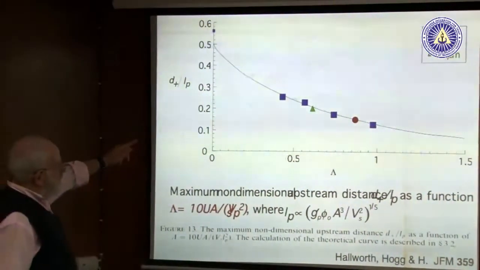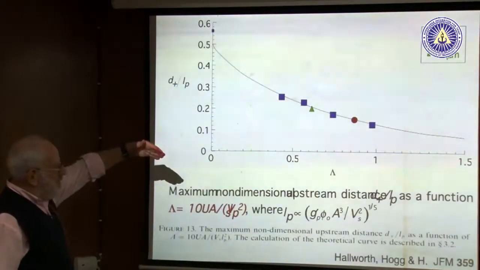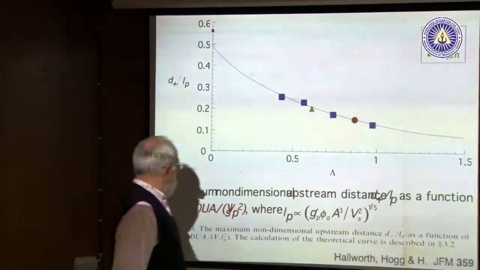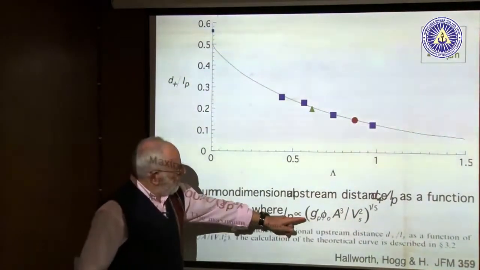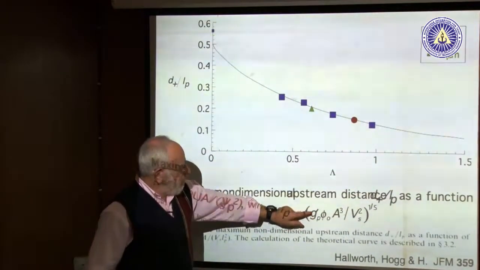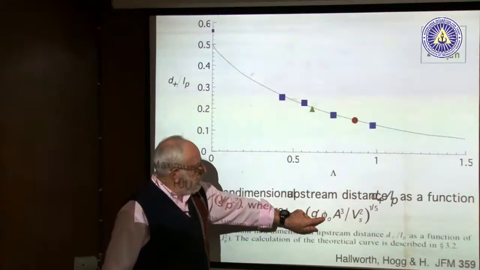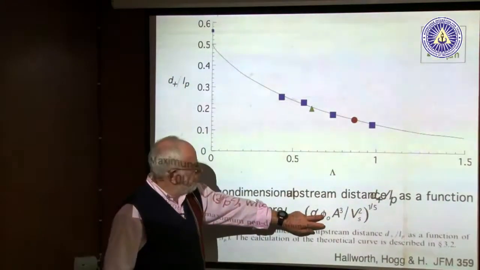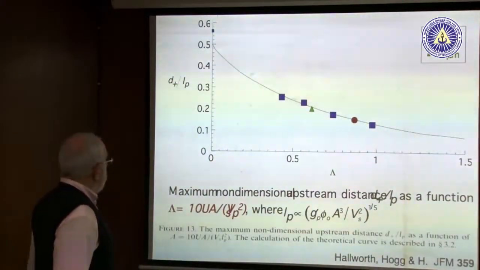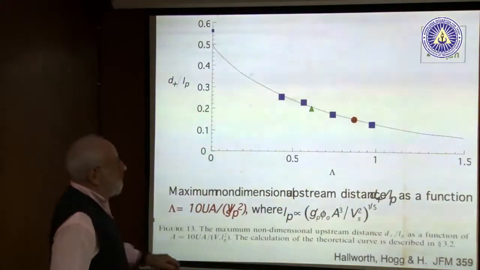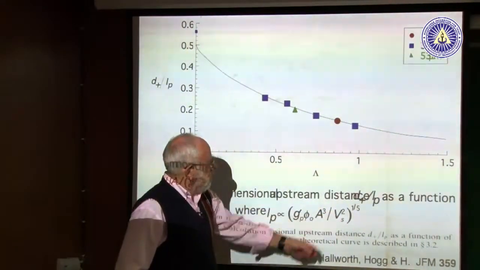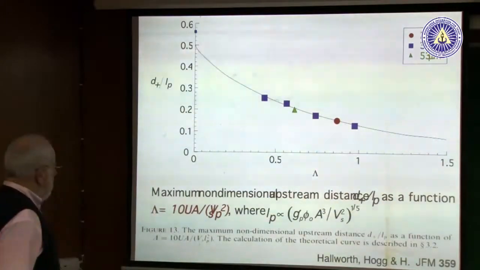So this is the maximum non-dimensional upstream distance, non-dimensionalized with respect to LP, where you have this now, G prime, well, I've already talked about G prime, the initial concentration of particles, the initial area, and, oh, this must be, oh, damn. Sorry, no, I've put this out of order. This is for particles, actually. Oh, one second, am I mixing up two?